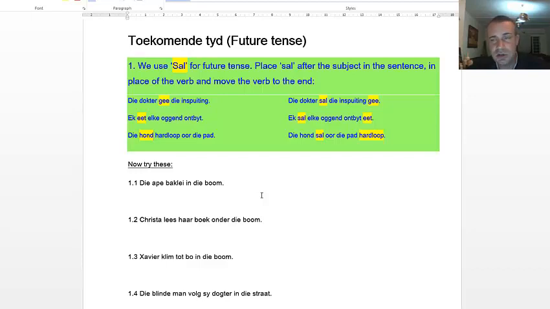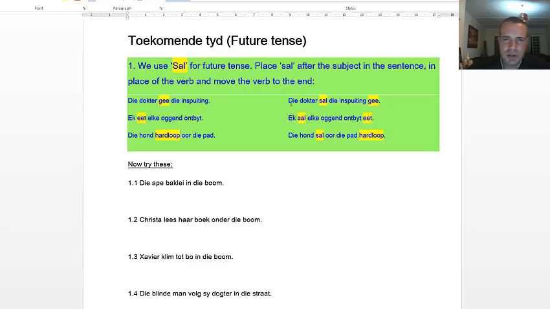If you just learn the grammar rules, you're still going to struggle, because what if you didn't know that gee was a verb? Then you're going to be in trouble here. If you didn't know hardloop was run, then you're going to be in trouble.